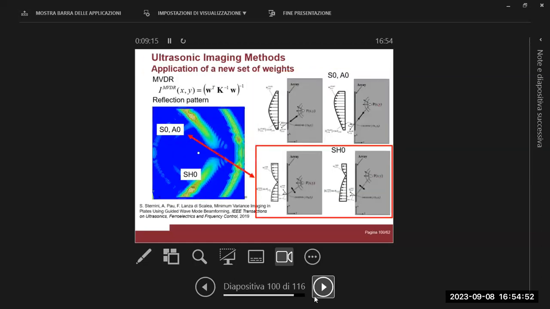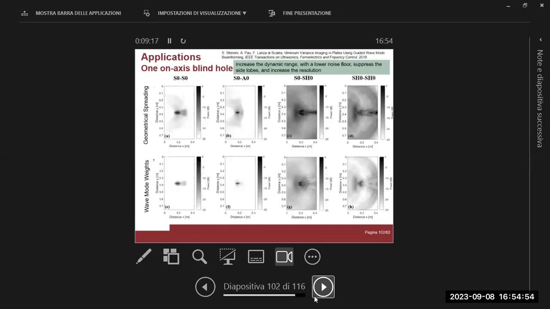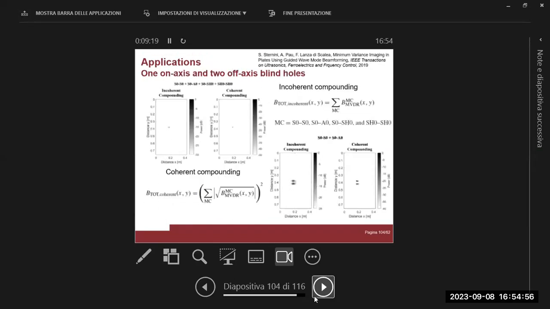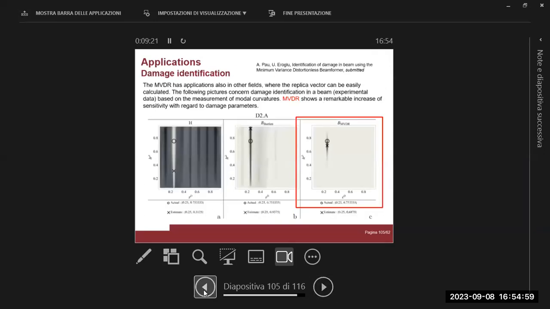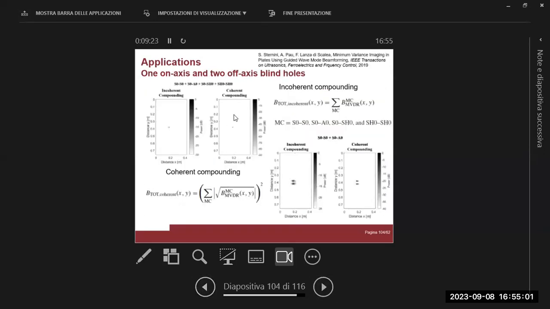And we also contributed to that, obtaining these very nice images that are obtained by what is called compounding. That means that we have separated the contribution of the different waves that can propagate in a plate.